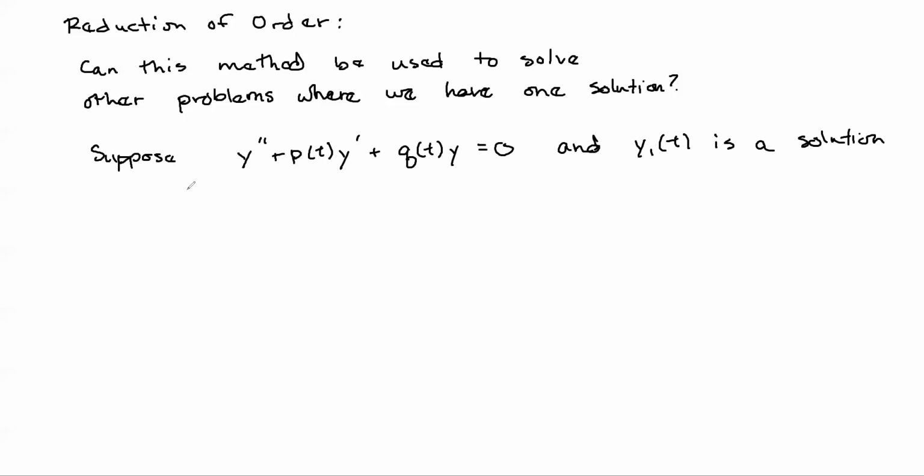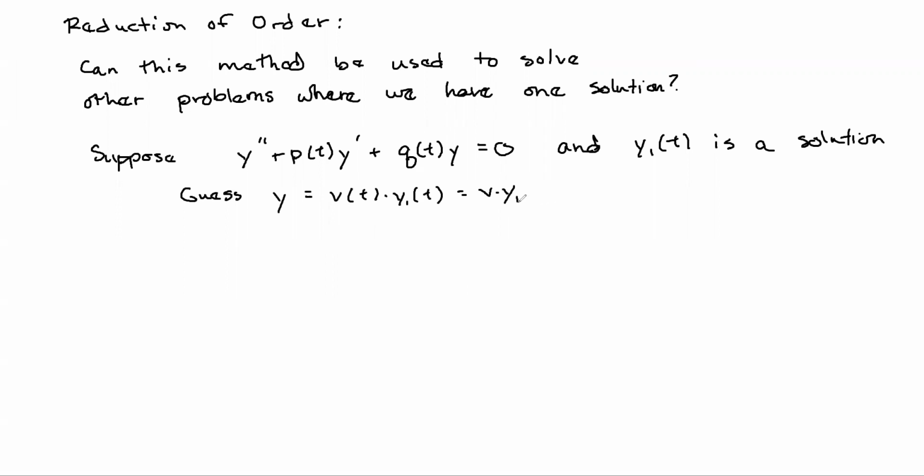So can we use the solution we have to try and solve this by taking v of t and multiplying it by y1 of t? We're going to shorten this to just v times y1 to save some space, dropping those parentheses t's.